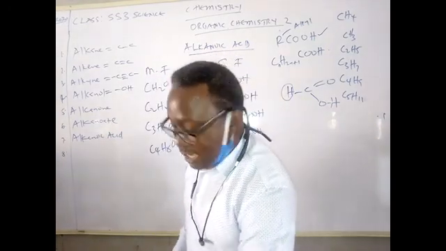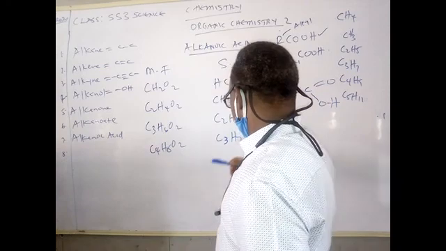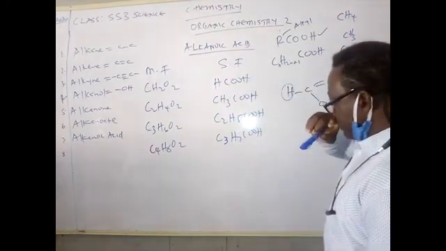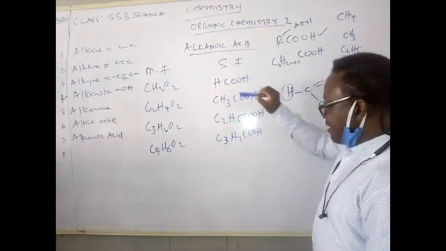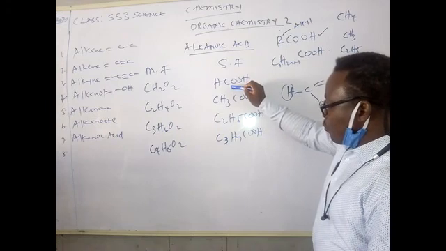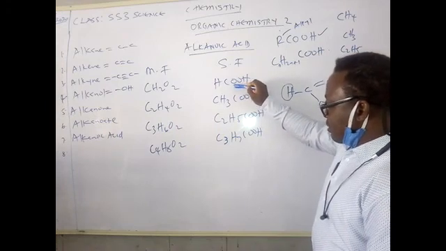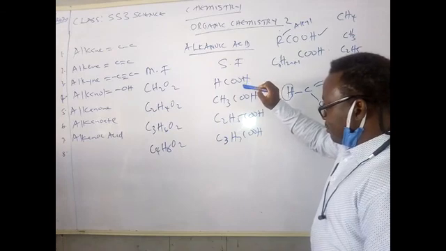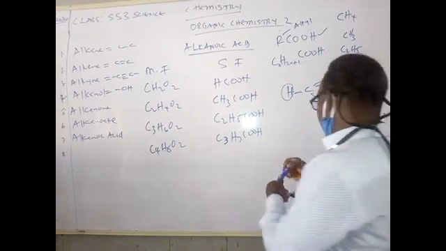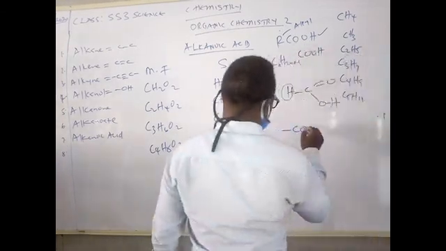So now, when you look very closely, you realize that there is just one carboxylic acid group here, which is written as COOH.